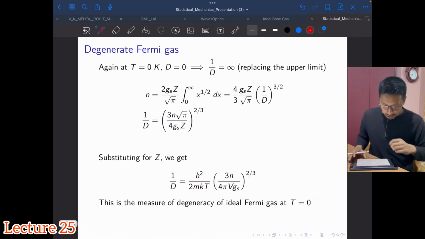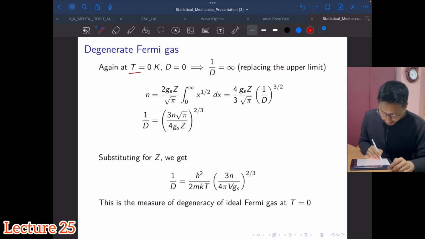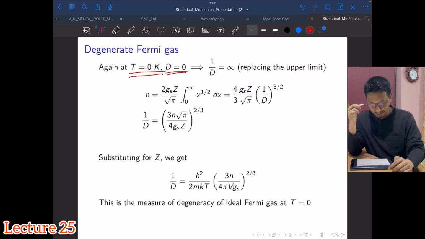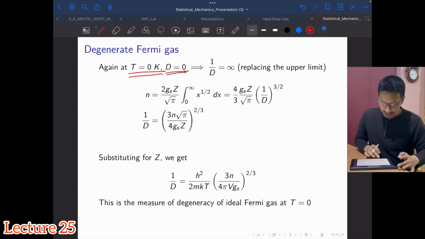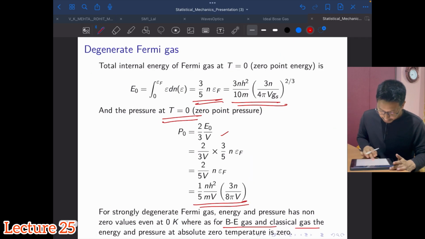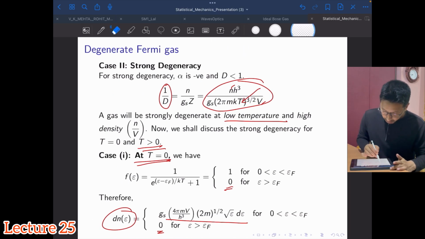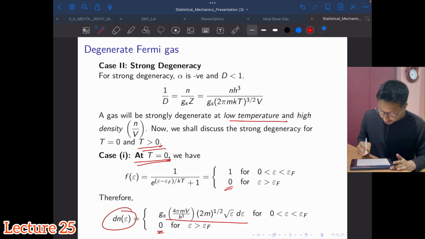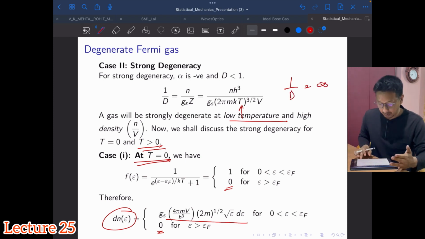Okay, all right. So again at absolute 0, if you remember e to the power alpha, you can go back to this expression of d. Because your temperature is 0, you can directly substitute T equal to 0, which means 1 by d is infinity, or d will be 0.